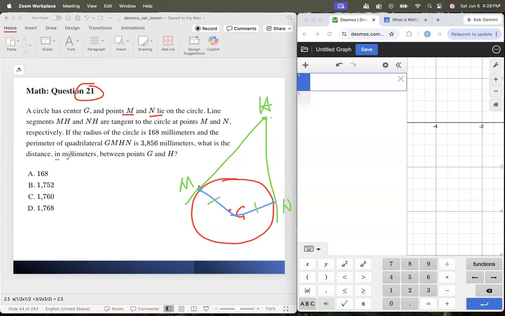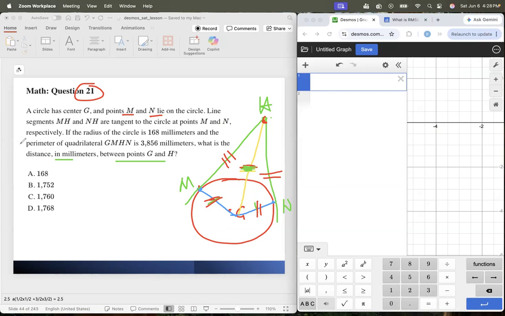What is the distance in millimeters between G and H? So we got to find another length. This is moving from here to here. So this is what they want us to find. But you have to know that this is the radius, therefore these are congruent to each other. Since this is the tangent, from here to here, it's also congruent to each other. So I'll put 3 here, and this 2. This is different. This is not congruent to the others, so I will just change the color, and say it has its own color, like that.